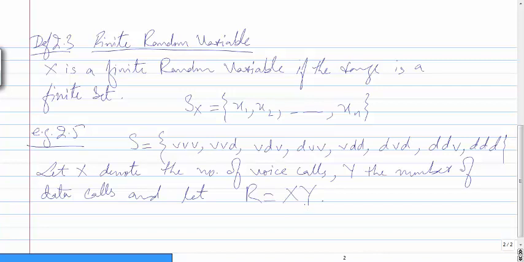If we want to look at how this random variable looks, it's easy to make a table. So assume that we have a table here. This table includes outcomes and probability. For example, we have 8 outcomes. The first outcome is 3 data calls, and these are equally likely, so the probability is 1/8. Similarly, we have 2 data and a voice call, again 1/8.